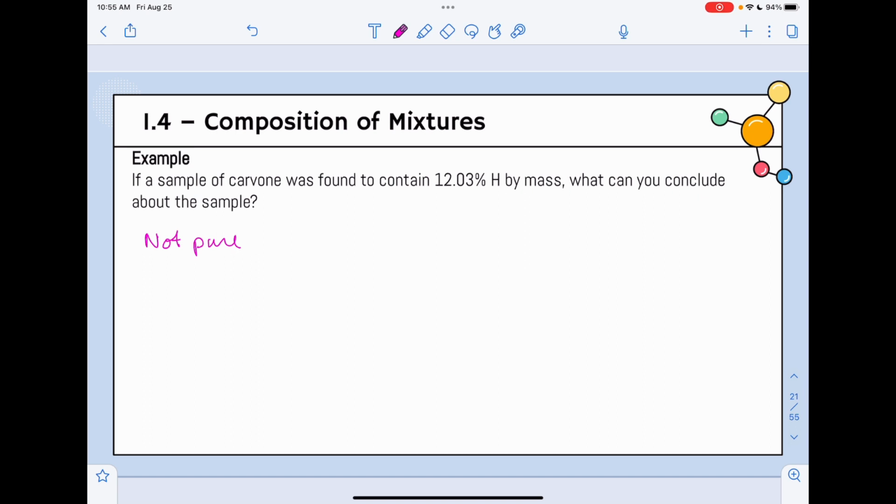And since it has something that raises the percent hydrogen, it must contain more hydrogen than it should. So it must contain an impurity with hydrogen. Okay, so we can look at the percent element composition to determine whether it is pure, impure, and where we can go from there.